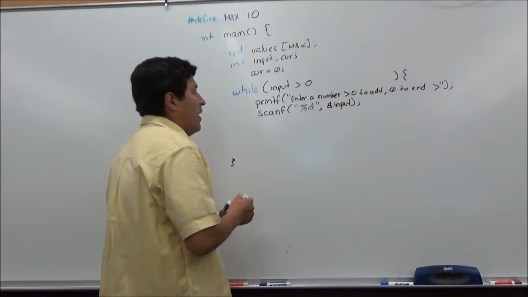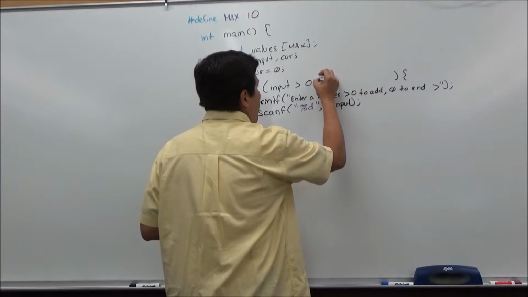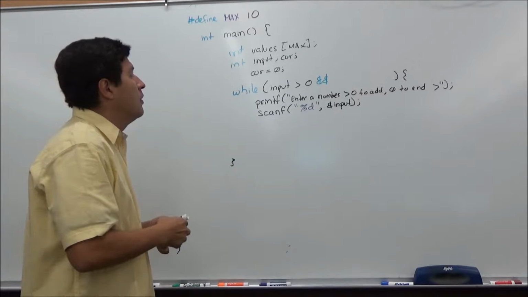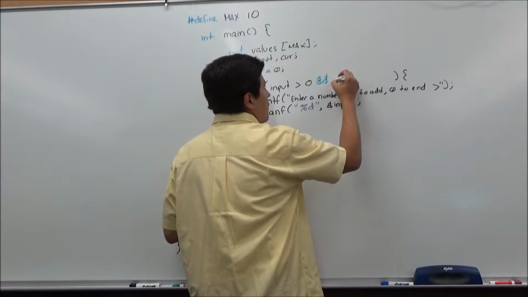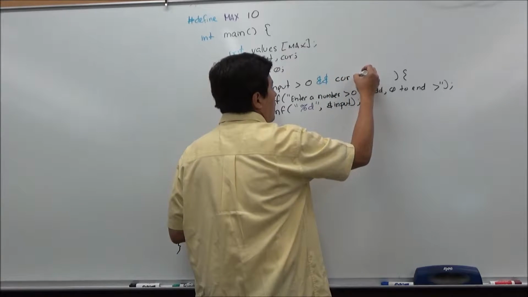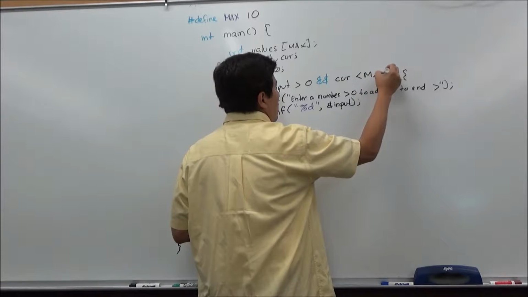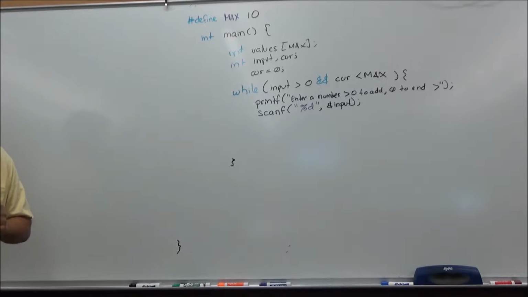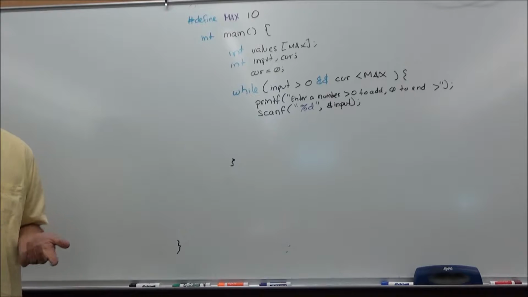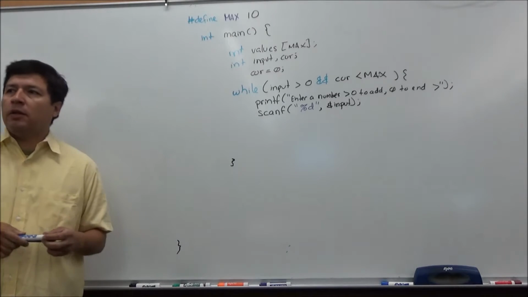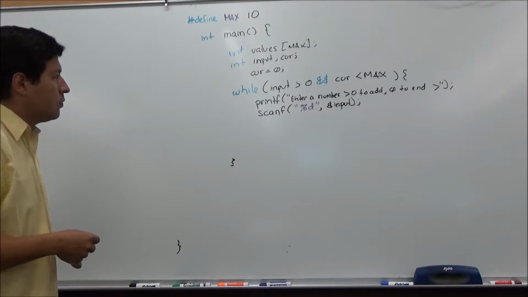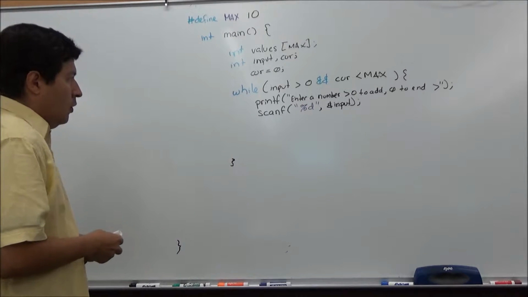And here I'm going to say, basically, the user is going to enter up to 10 numbers. After the user enters the 10 numbers, we're going to add them up.